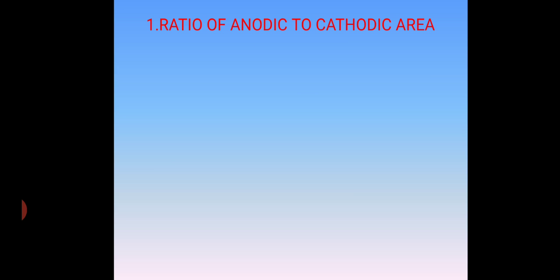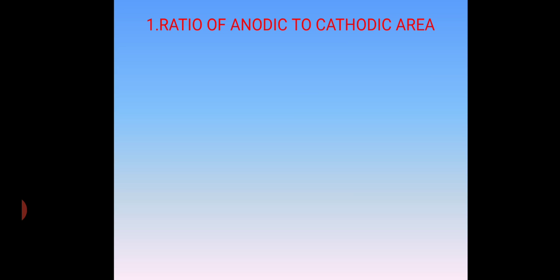Now this particular factor is mainly depending upon the ratio of anodic and cathodic areas. By the theory we already know that there will be small anodic area and large cathodic area. This is a suitable condition for corrosion to take place. So anodic area will be small and cathodic area will be large.